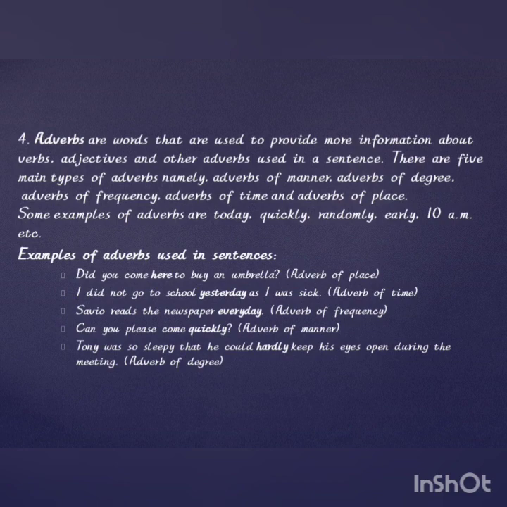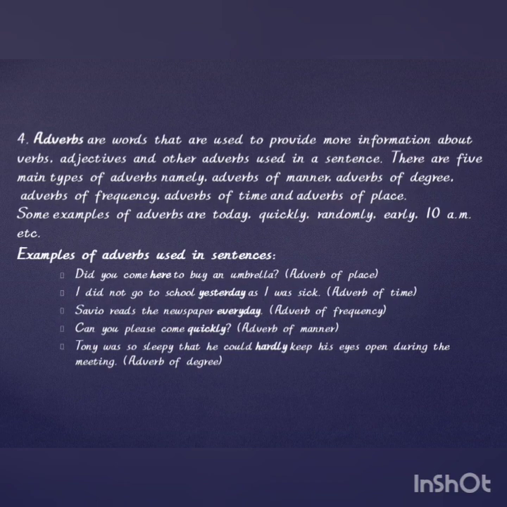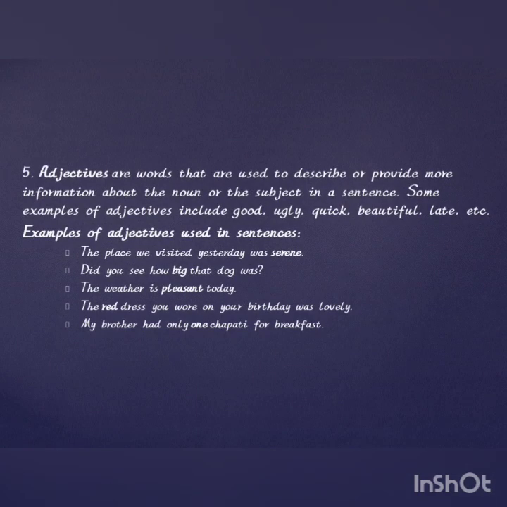Now we'll go on to the next part of speech. It is going to be the adjective. Adjectives are words that are used to describe or provide more information about the noun or the subject in a sentence. Again, we saw about a sentence and parts of a sentence.